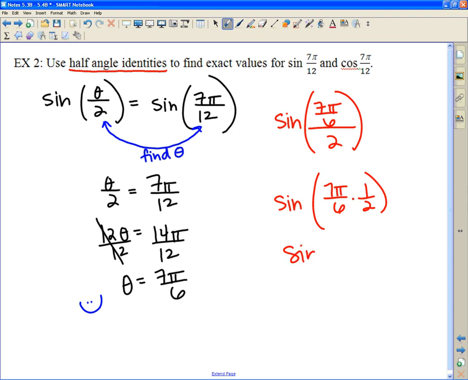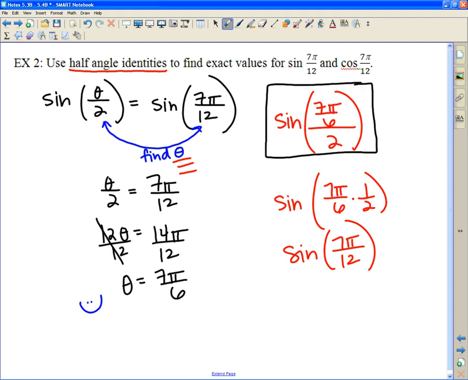So this is equivalent to the sine of 7 pi over 12, which is our original problem. So that was a long, drawn out explanation of saying your job is to find what theta should be in order to use half angles. What you should be focused on right now is this right here. Your theta is 7 pi over 6. It's not what you're evaluating. 7 pi over 6 divided by 2 is what you're evaluating.